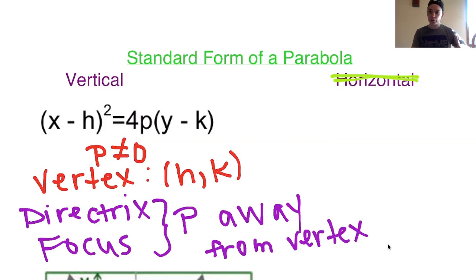We know that the focus is inside and we know the directrix is outside. So if we know what P is, then we can count on our graph where we need to place the focus inside and where we need to draw our directrix outside.